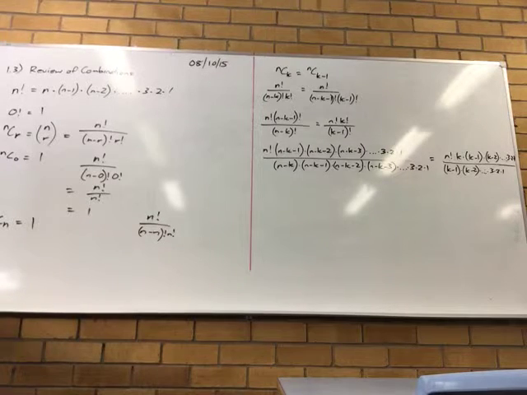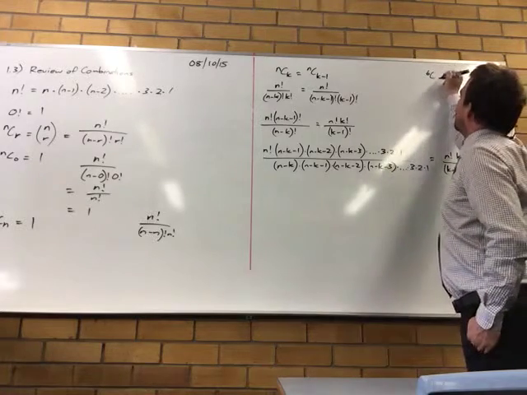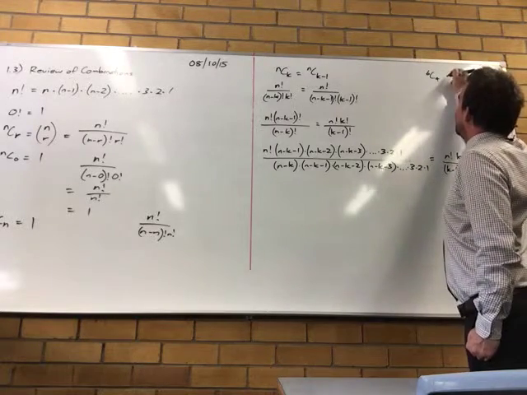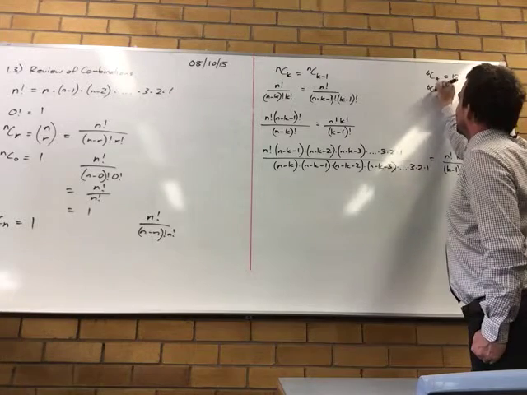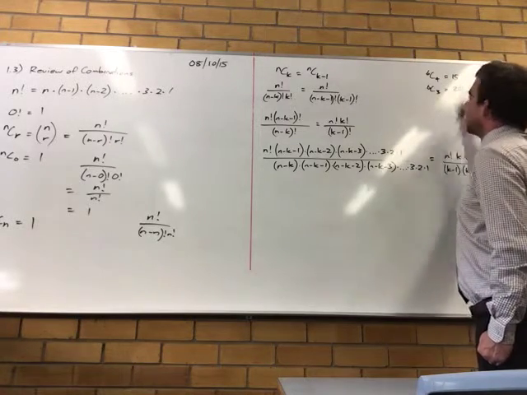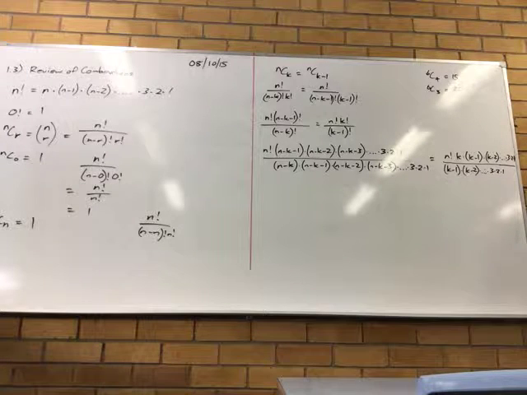Try it. Maybe not 10, let's go 6C4 and 6C3. Nope. 6C4 equals 15 and 6C3 equals 20. Bugger.